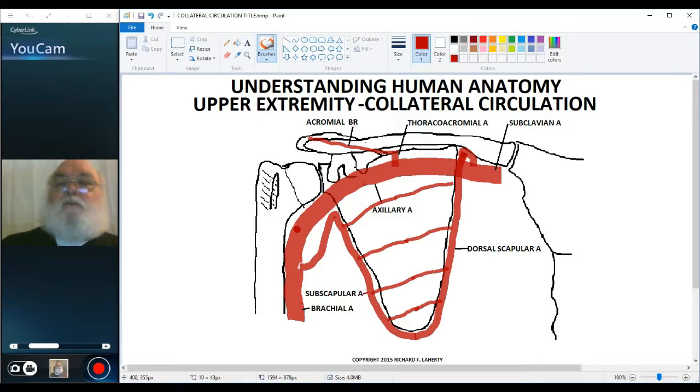A pair of arteries branching from axillary are the anterior circumflex humeral and the posterior circumflex humeral, and they anastomose end to end.